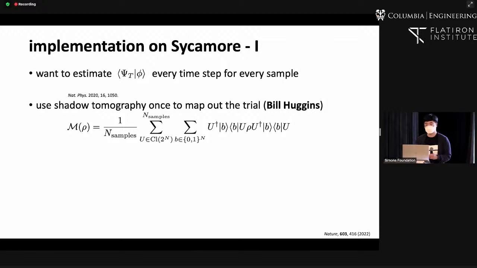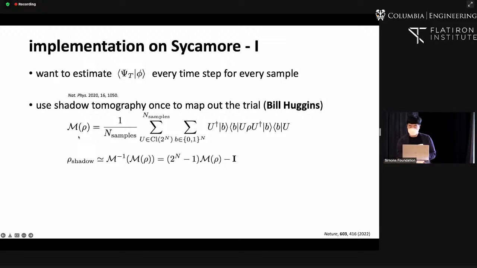We're going to repeat this n samples times, and that's what I'm going to be calling quantum channel measurement for the state rho. What happens is, in this particular case where we draw unitary operators from the n-qubit Clifford group, we can invert this channel analytically very efficiently, because we don't even have to actually invert this at all in the end.